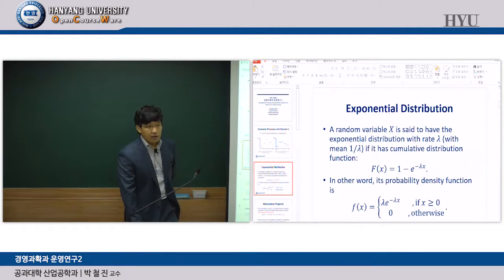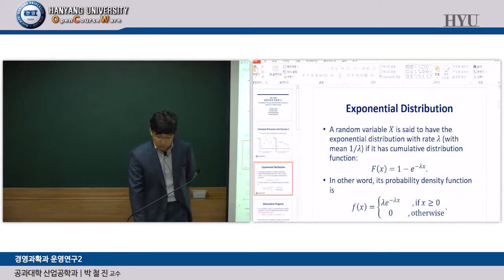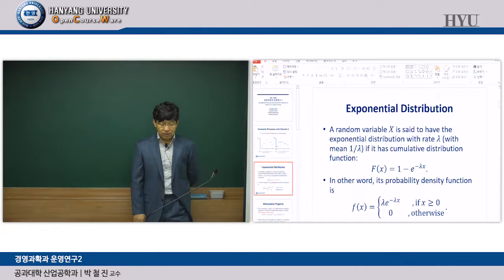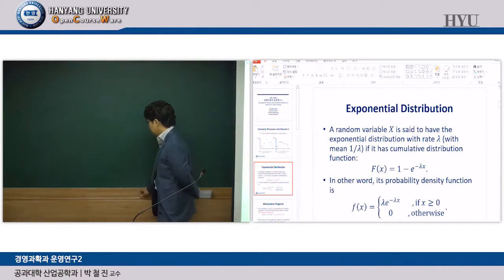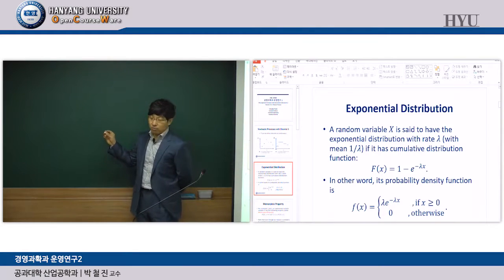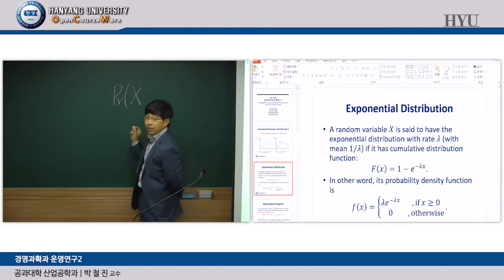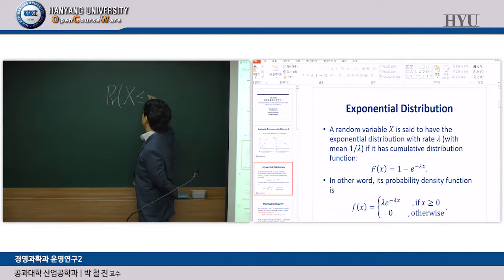If large X represents this exponential random variable with parameter lambda, we call this rate lambda. And if this random variable has cumulative distribution function large F, cumulative distribution function means the probability that the random variable large X is less than or equal to small x.